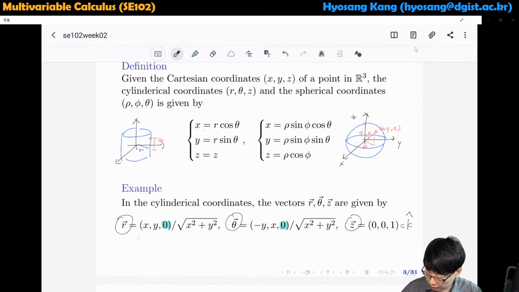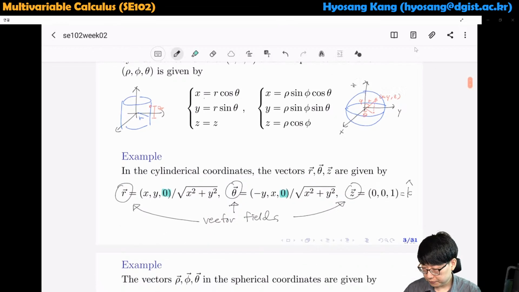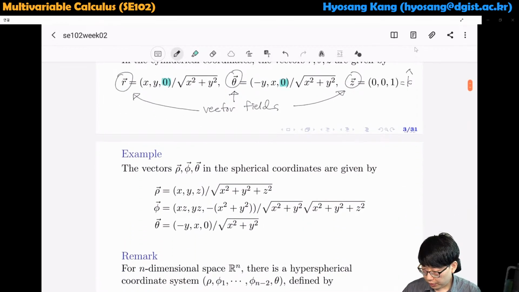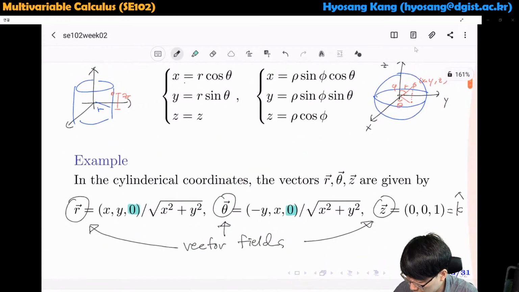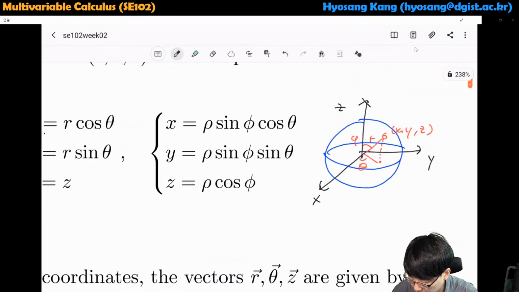So all these vectors are vector fields. Important thing is these ones. I want to express my rho. So usually rho is written here instead of r. So here we have rho as the radius of this sphere.